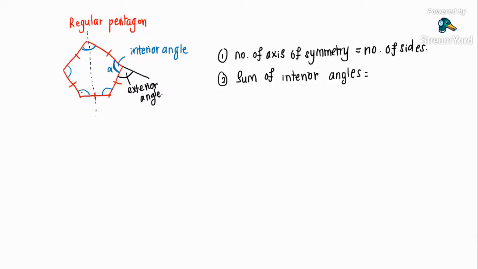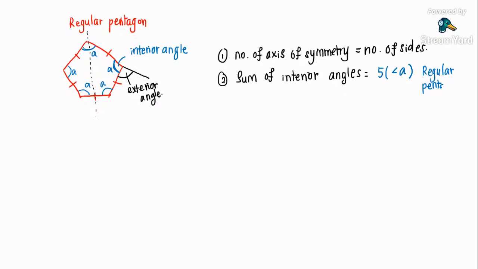Because it is regular, all these angles are the same, which means I have 5 times angle A. This is for a regular pentagon.